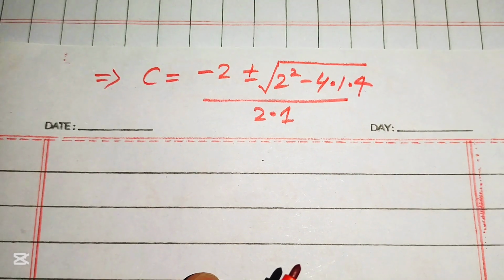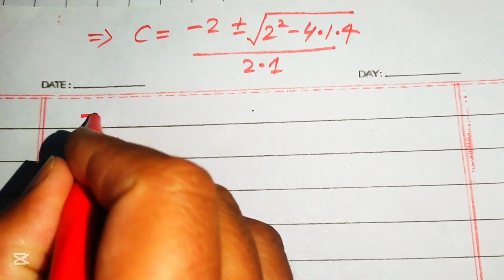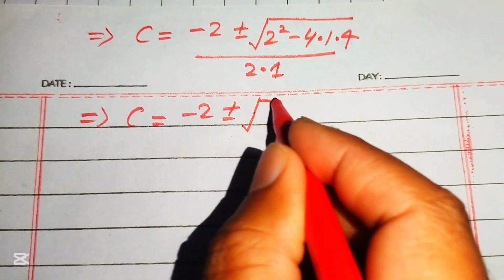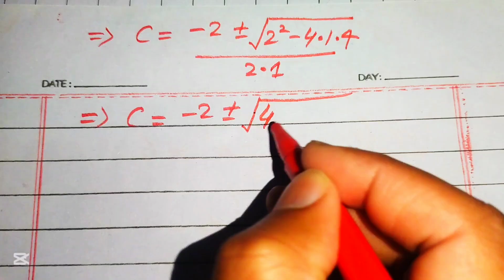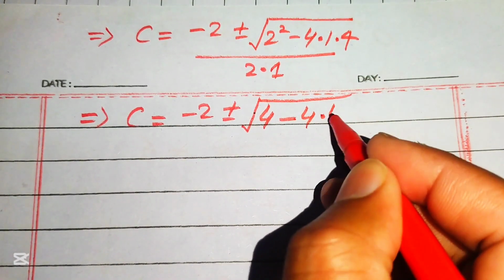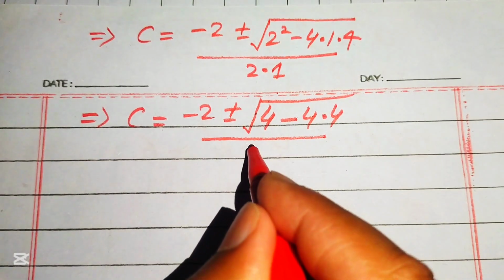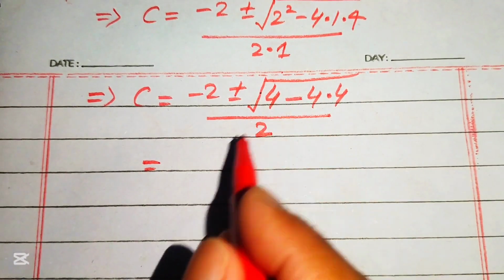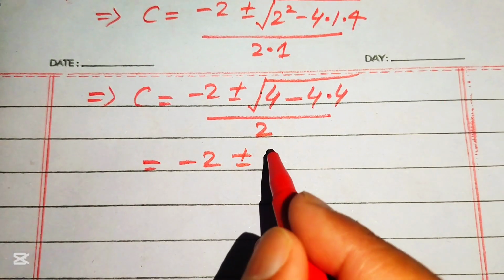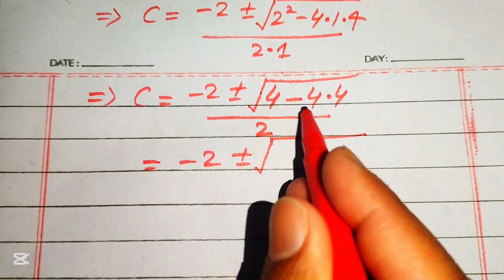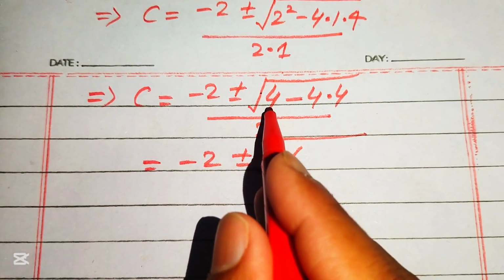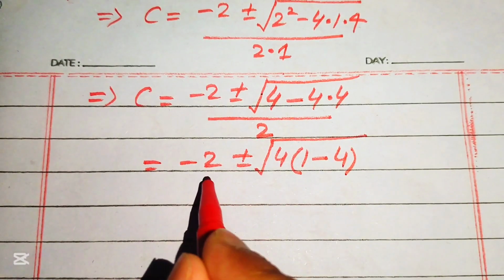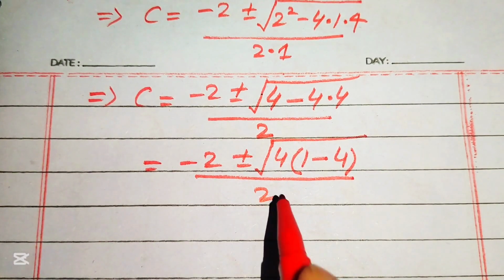Now in the next step we need more simplifications, and we write it in this form: c = −2 ± √(2² − 4 × 4) / (2 × 1), which is 2. Now in this radical sign we take common 4, and when you take common this 4, here we get 1 only, and here you get 4, and it is divided by 2.